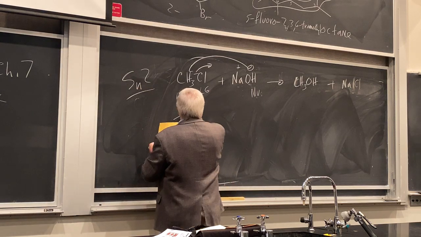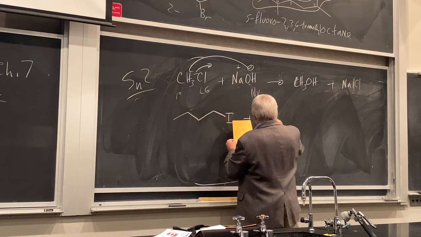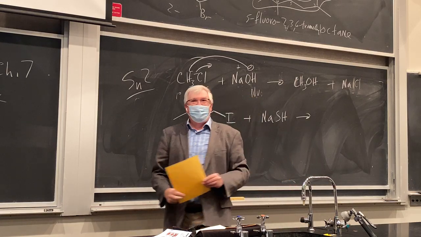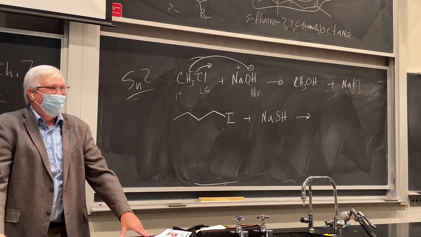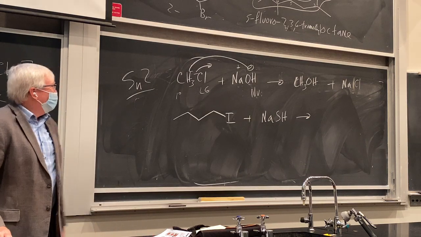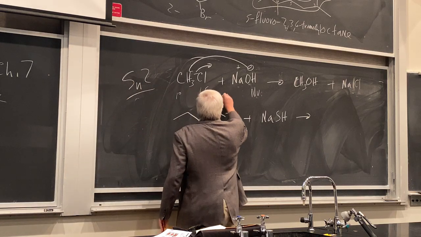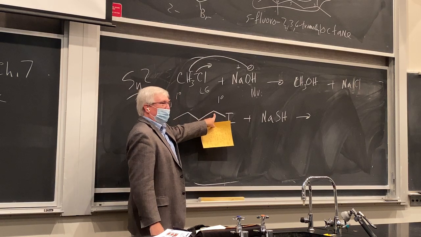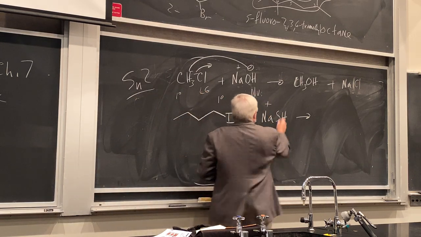Here's another one. How about this iodide plus sodium sulfide going to what? Now maybe we'll throw in the idea of, well, what's the product? So you already see the primary iodide, and that's electronegative also, partially positive. Sodium, the metal's always positive charge.